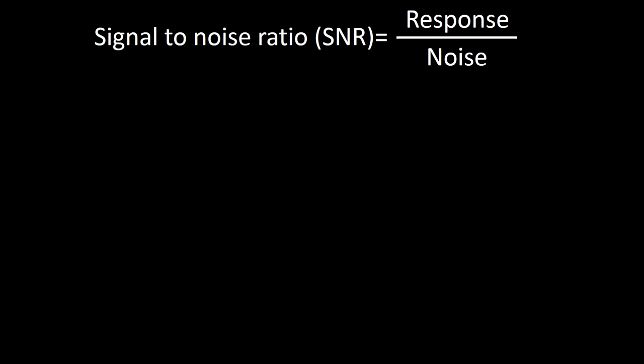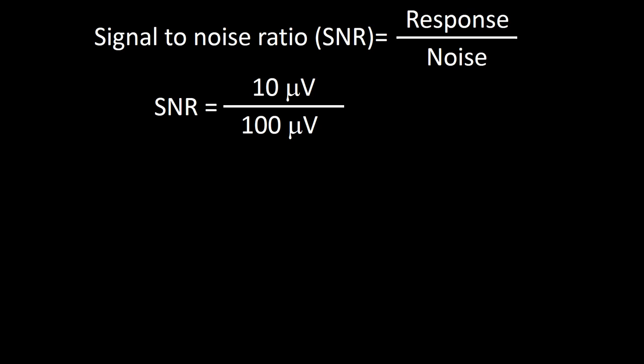The signal to noise ratio is obtained by dividing the amplitude of the response we want to study by the amplitude of the noise. So in this case, 10 microvolts is divided by 100 microvolts. So the signal to noise ratio is 0.1.